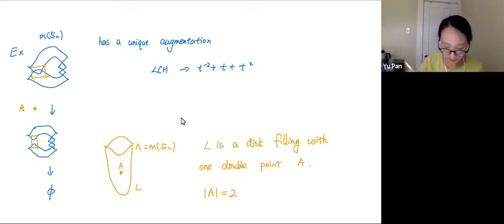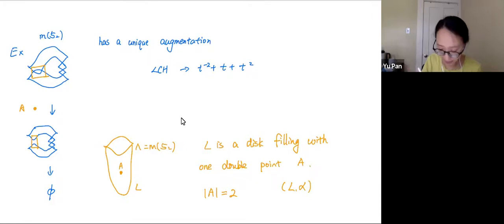Since this knot has an immersed filling, and the immersed filling can induce an augmentation, and this knot has a unique augmentation, we know that the augmentation actually comes from this immersed filling. One thing I didn't mention is that here we actually need a pair, right? We need a pair L tilde and an augmentation alpha.